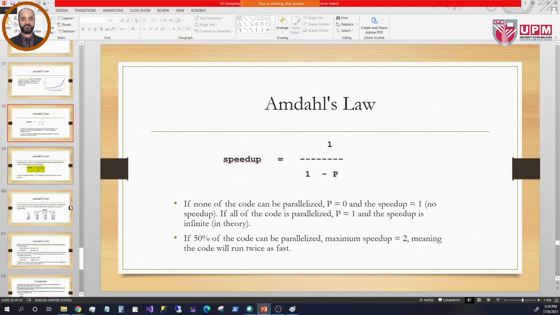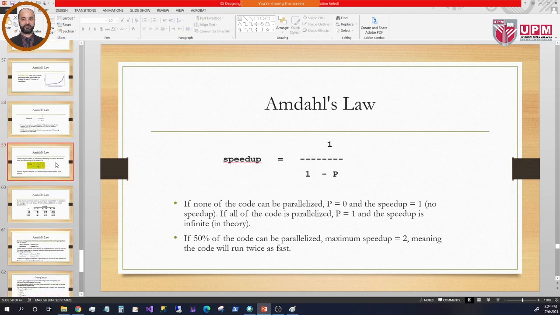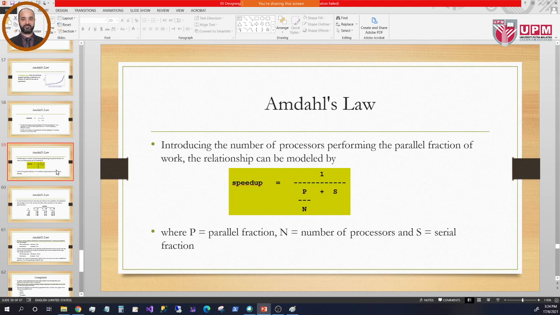But the law that we have taken before is very good to calculate the speedup for an existing parallelized system.